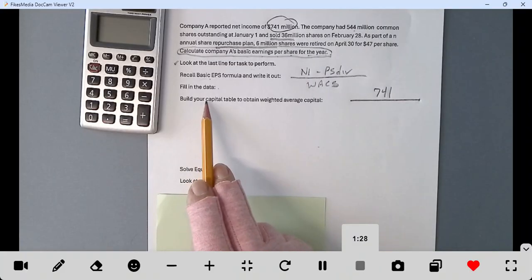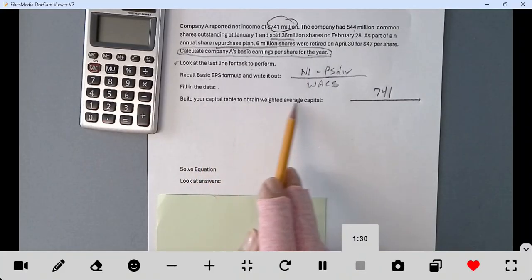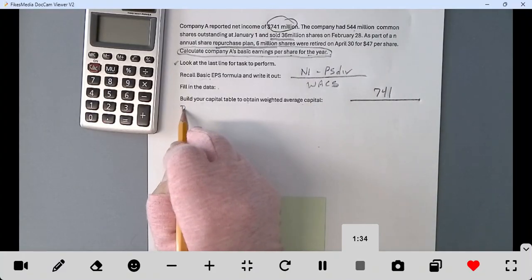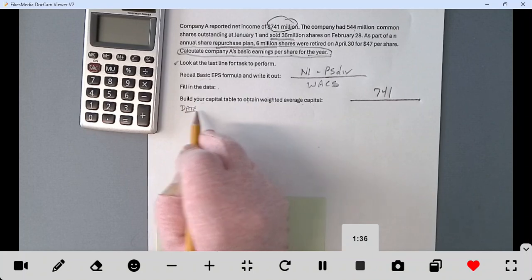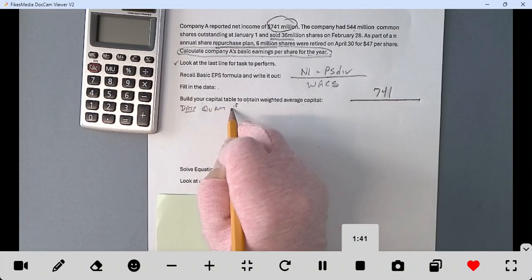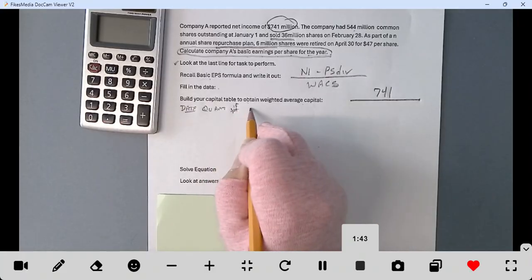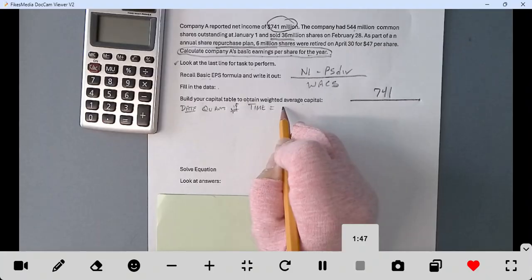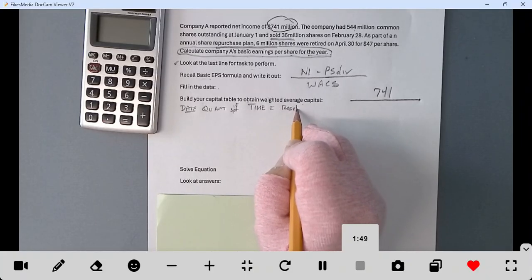We need to build the capital table for the weighted average capital. We do that by putting date, quantity, if split, and time, and that will equal a result.